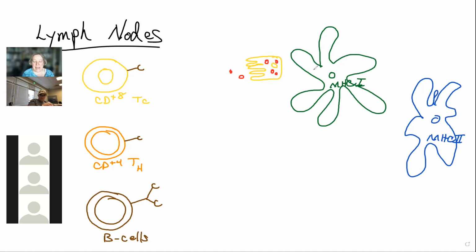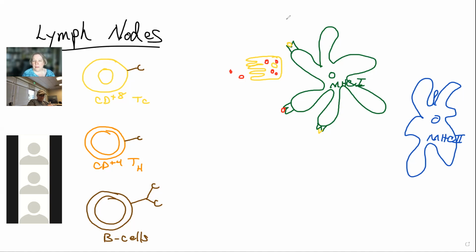Because this ate it down and was chopping it up, and it came from the inside, the MHC1 that is displayed on the surface of this cell is going to be bits and pieces of cell. It's also going to show bits and pieces of COVID. So everything that gets broken down is going to be displayed on MHC1, anything that comes from the inside of a cell.